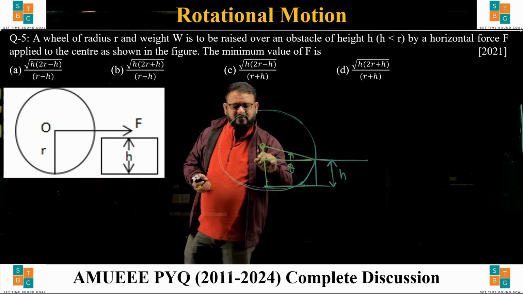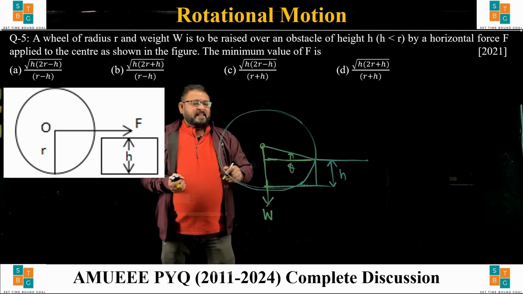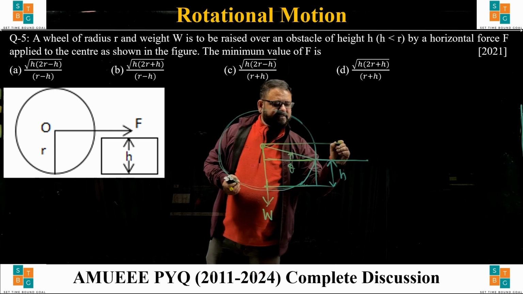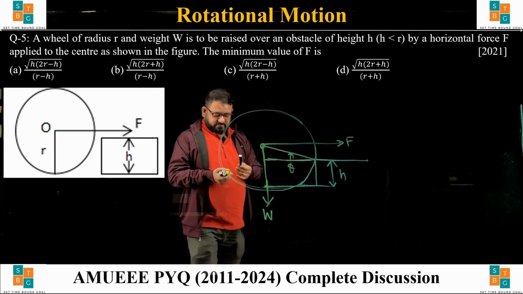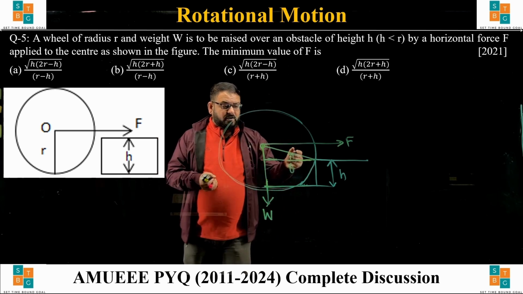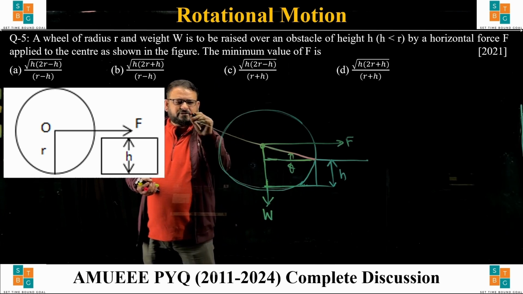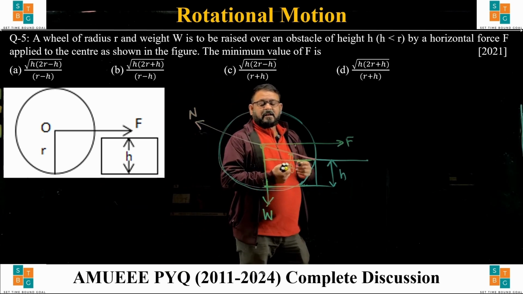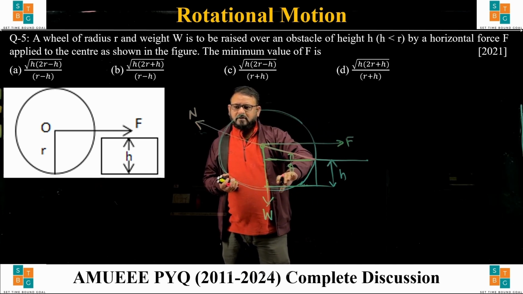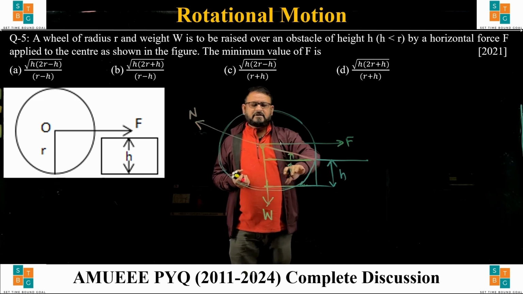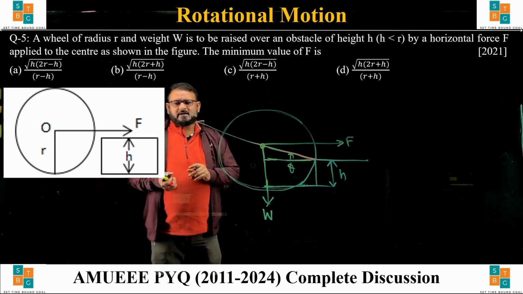The weight acts from the center of mass downwards, so W, and the force F is along the axis. Then there will be a normal reaction from this point in this direction. Now, in order to be raised over this obstacle, you have to have torque balance.